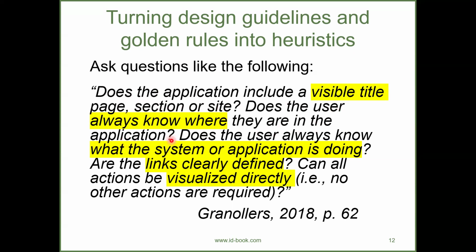Does the user always know where they are in the application? Does the user always know what the system or application is doing? Are the links clearly identified? Can all the actions be visualized or not? So you can just think about simple questions and map them with the heuristic.